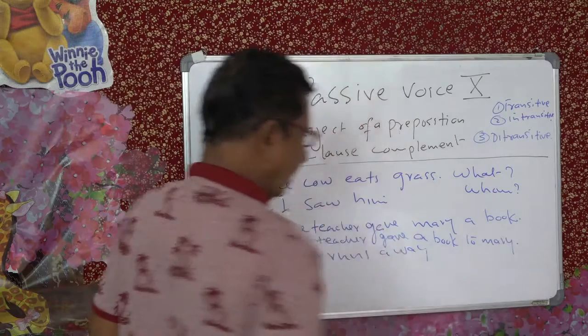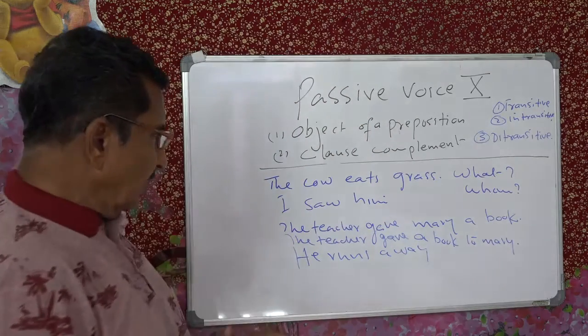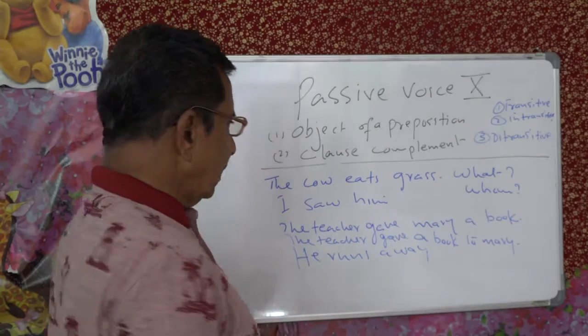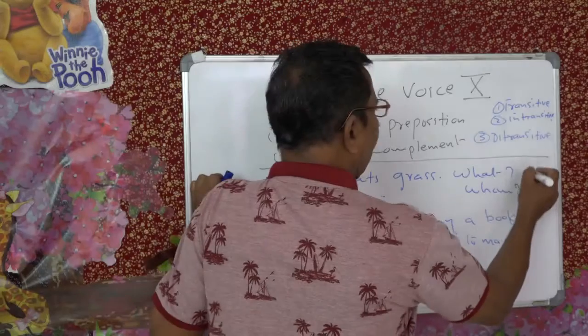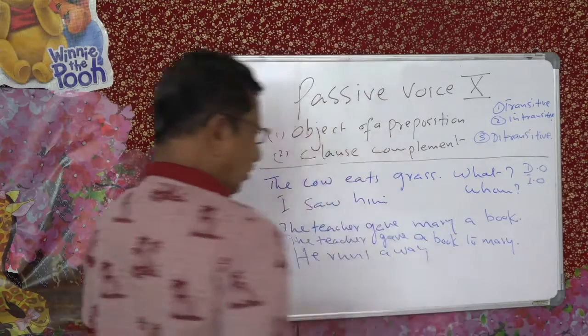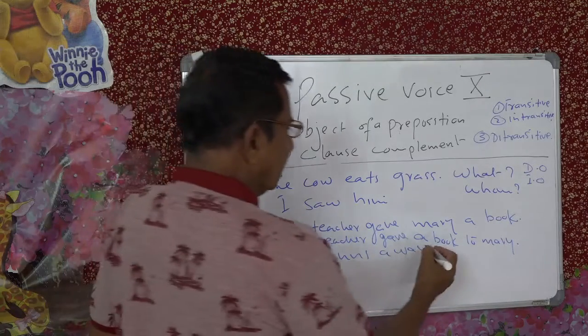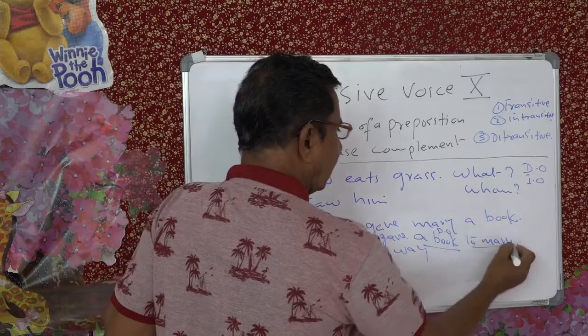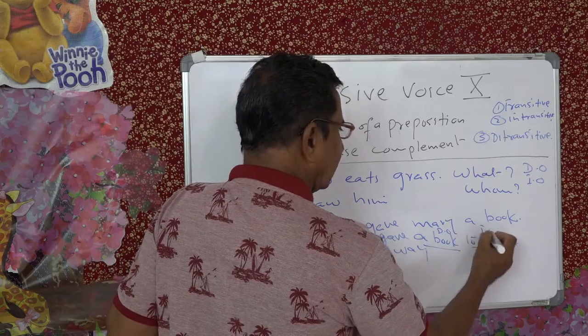So in this case, one is direct object, the other is indirect object. The short form is DO, direct object, and IO, indirect object. So in this sentence, a book is DO, direct object, and to Mary is indirect object.